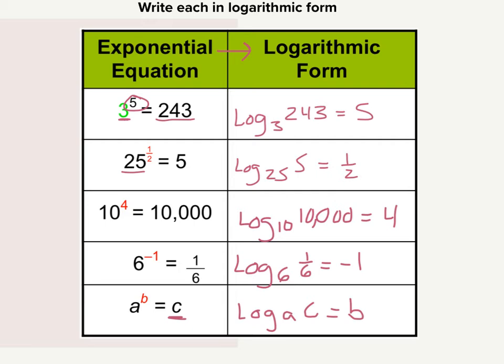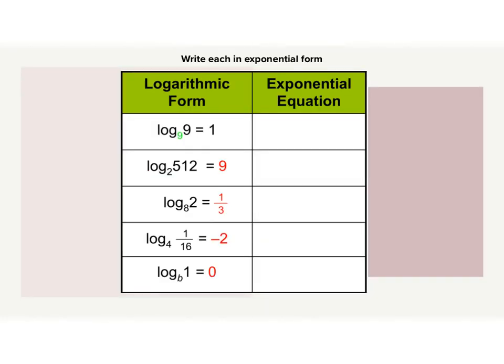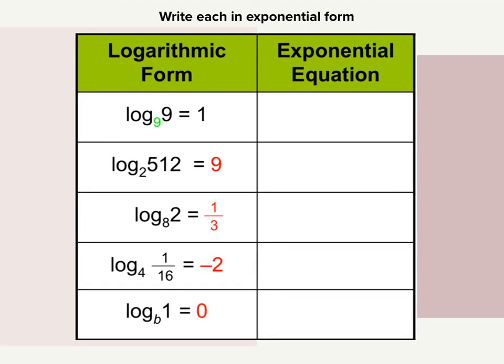All right, now we're going to change it from log to exponential. So here, we know that our base is in the basement. So we're going to start with our base, which is 9. Then our exponent is on the other side of the equal sign.